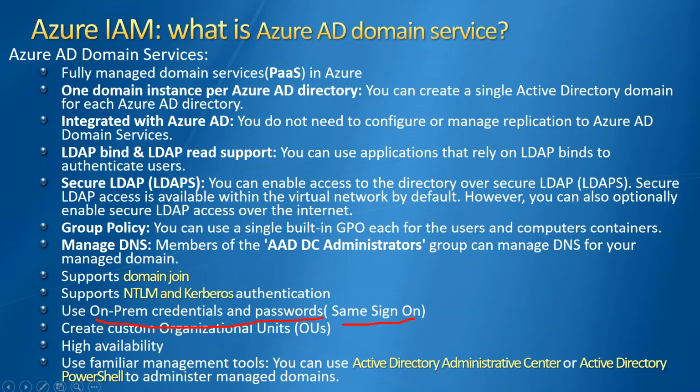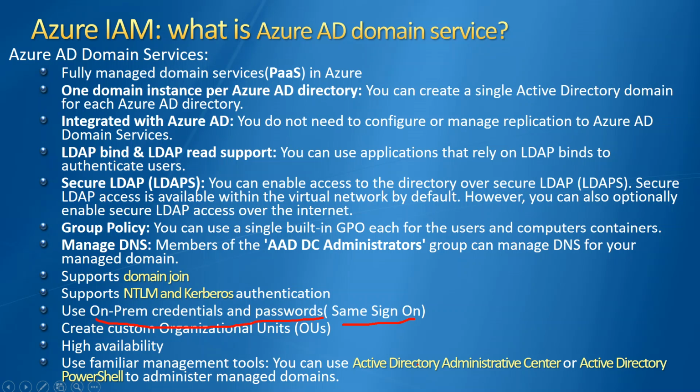So if you have moved a legacy application into Azure, and you have set up your Azure AD Connect to synchronize your user identities and passwords from on-prem into Azure AD, the user can use the same username and password to access your application, and the user will never get to know that they are using a different identity.